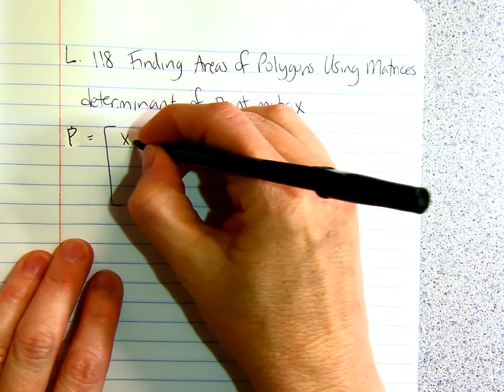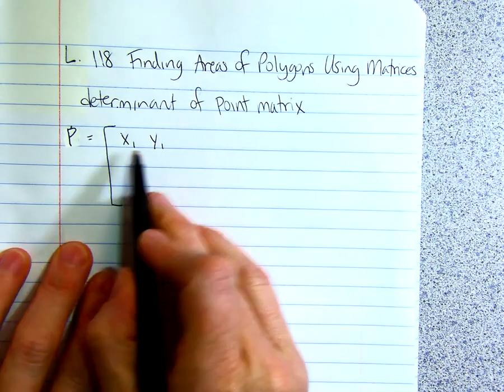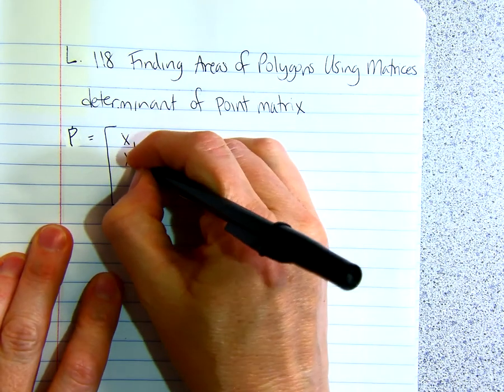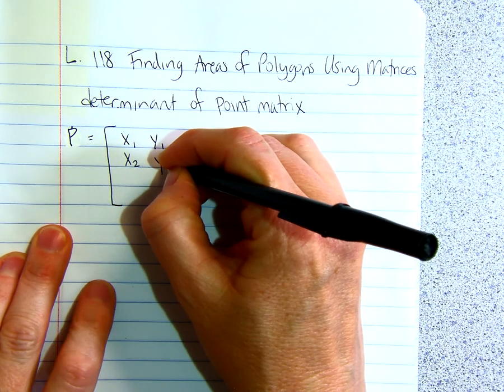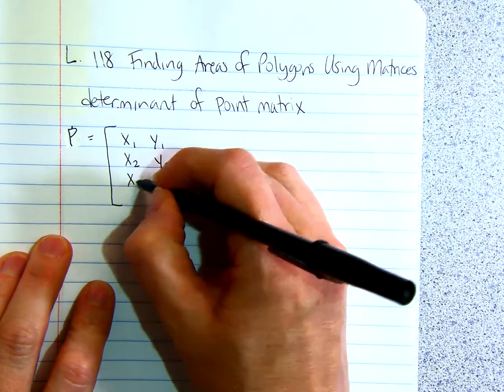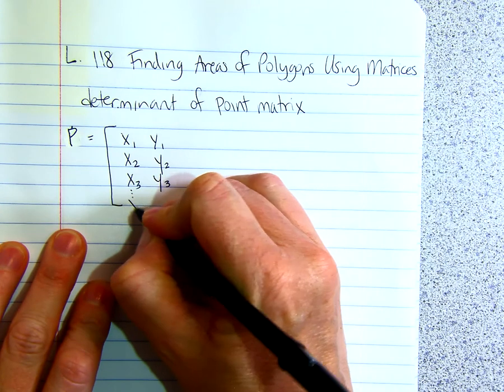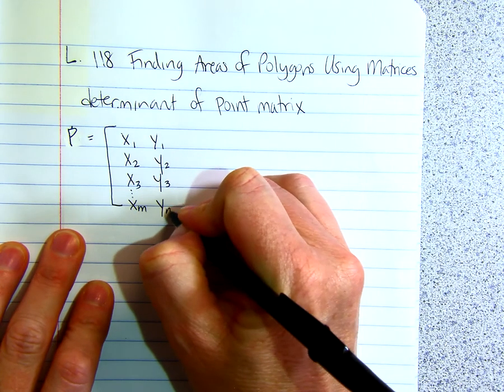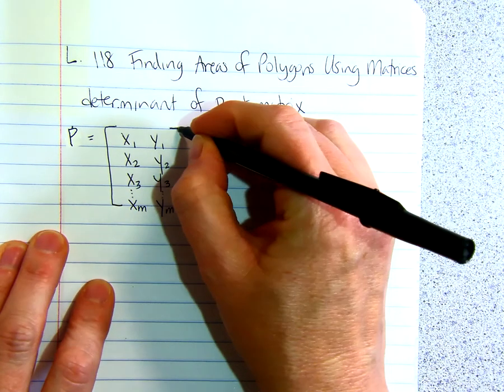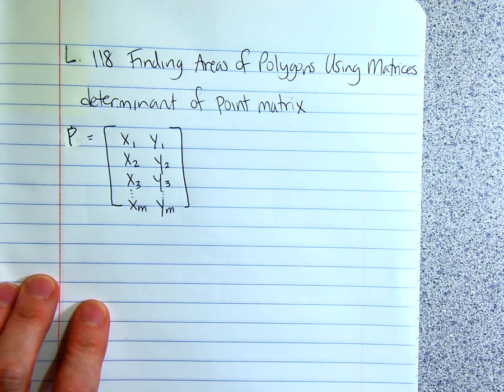But when you have a point matrix written in this way, x1, y1, x2, y2, x3, y3, and so on, you're not going to have a square matrix. So technically, you're not supposed to be able to find the determinant.